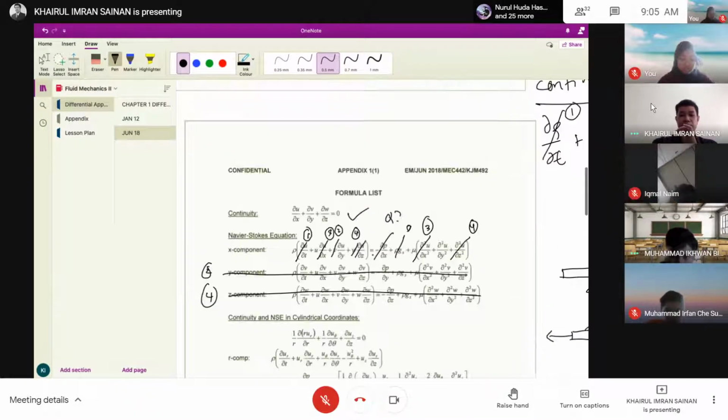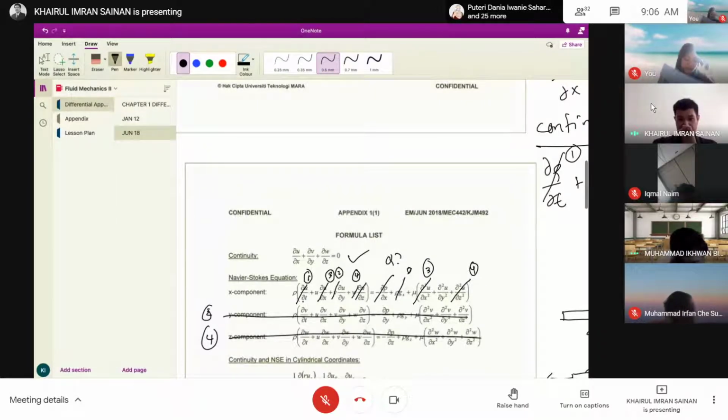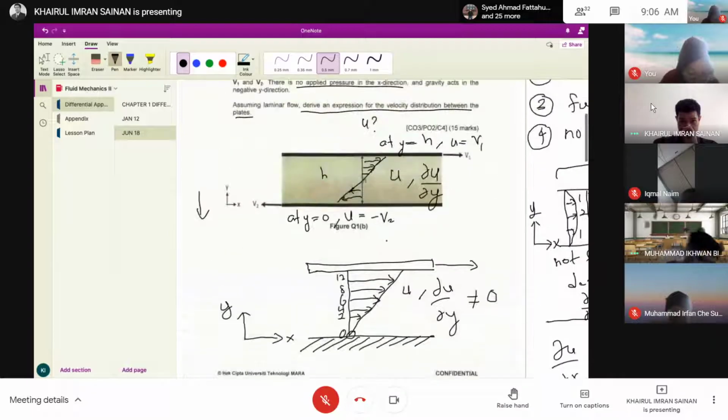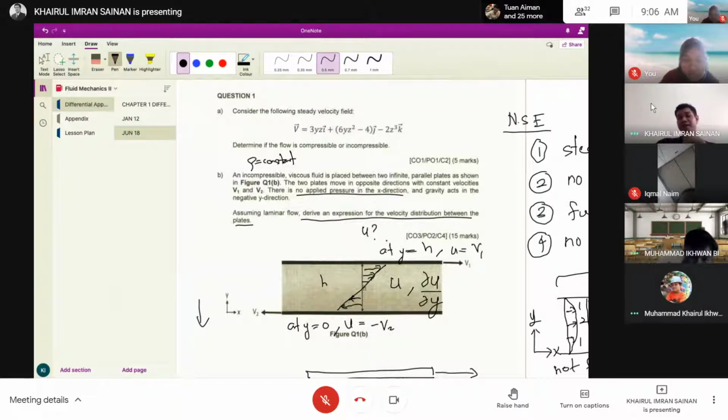Steady flow, sir. No, steady flow is only for del over del t. So for this case, why do I cancel out pressure? The question says no applied pressure. Yes, correct, because there is no applied pressure in x direction. Your sentence is correct. The question says so because there is no applied pressure.